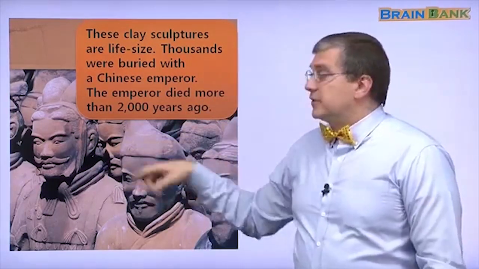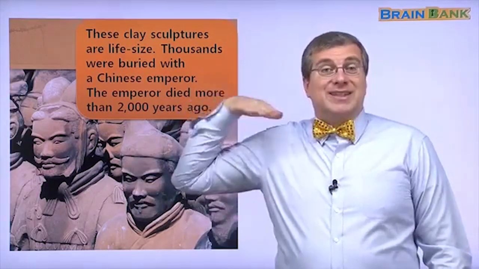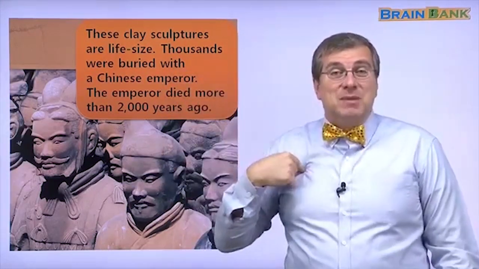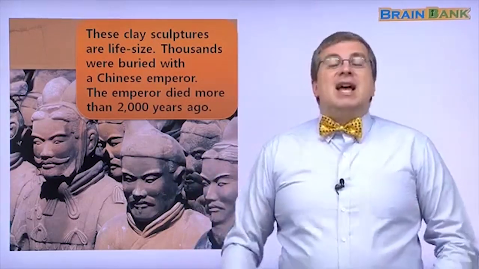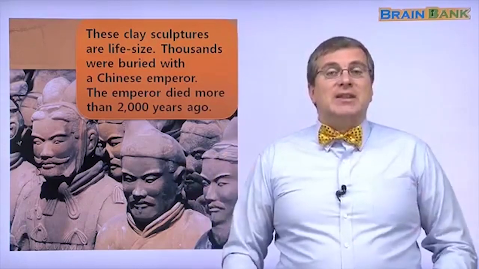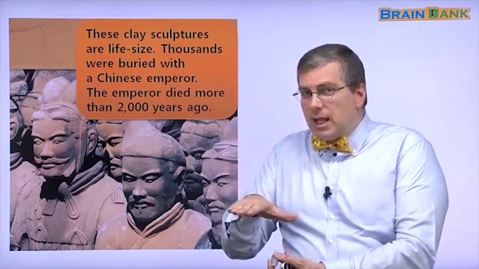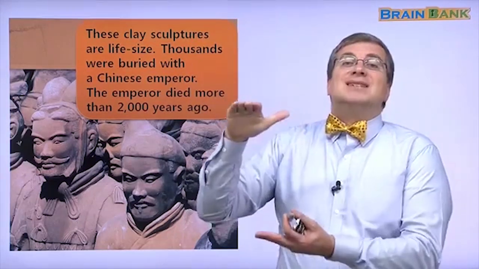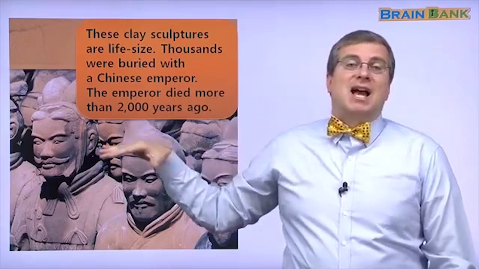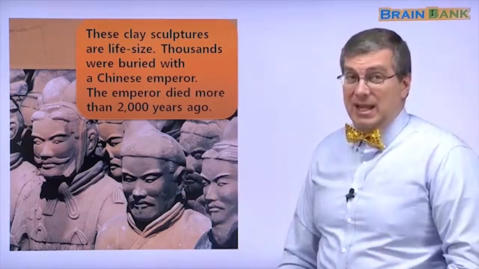They are sculptures of men. If these sculptures are the same size as me or you, then they are life-size. The same size as in life. Not smaller than life, not bigger than life, but life-sized. The same size as real people or real things.